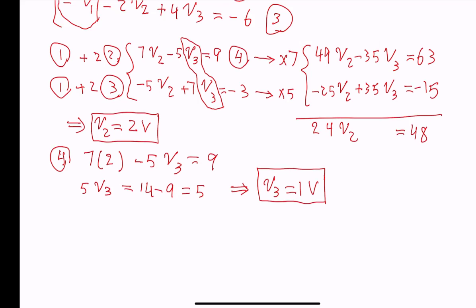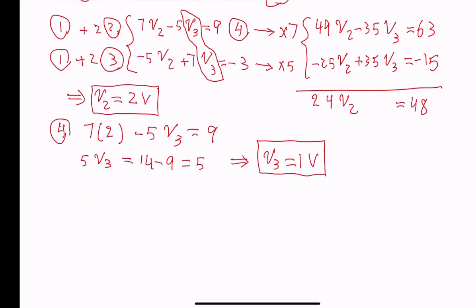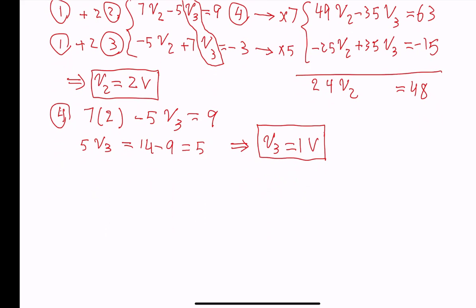Let's find v4. Up here we had v4 equal to 3 plus v3. So let's use that. So v4 is 3 plus v3, resulting in 4 volts.